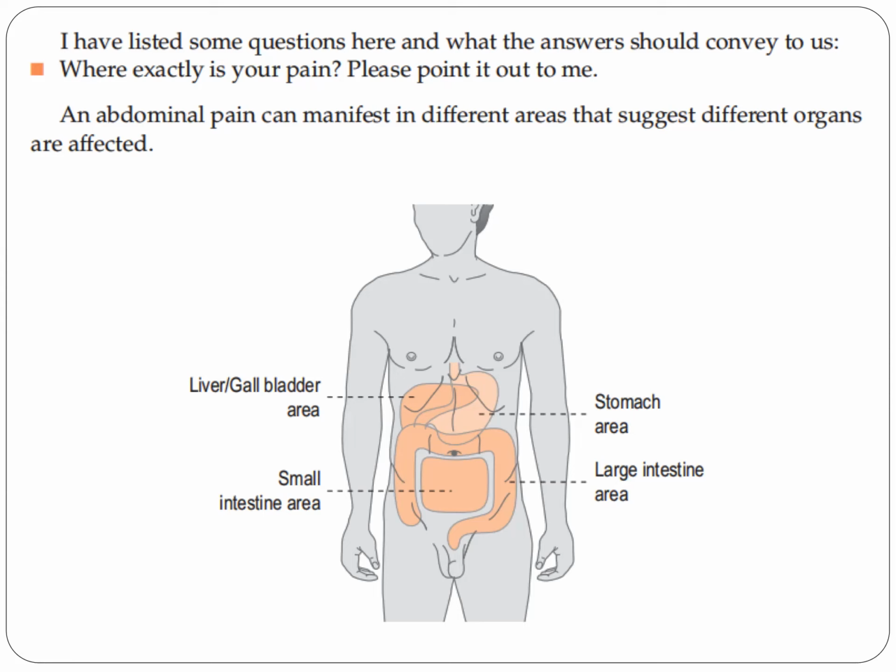If the patient points the pain on the left upper part of the abdomen, it is the stomach area. And on the lower part of the left side of the abdomen, it is the large intestine area. So it is specific now, okay?